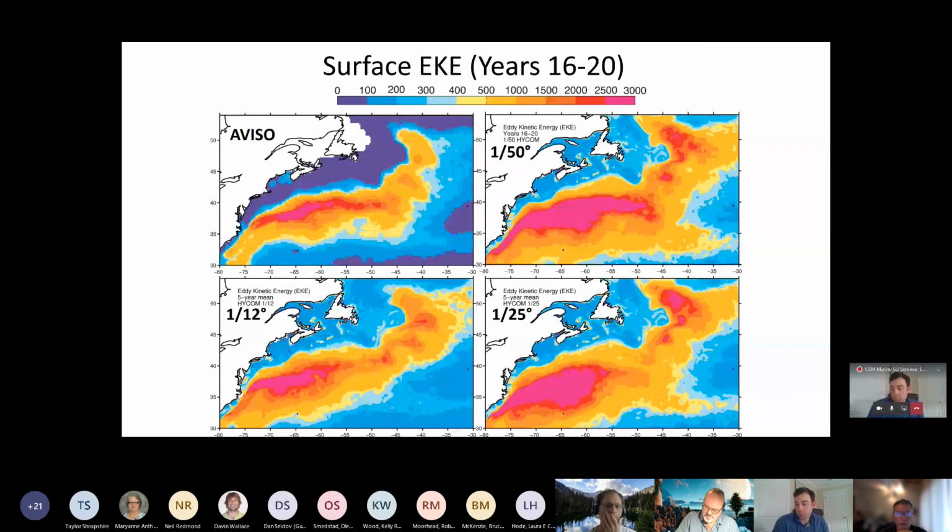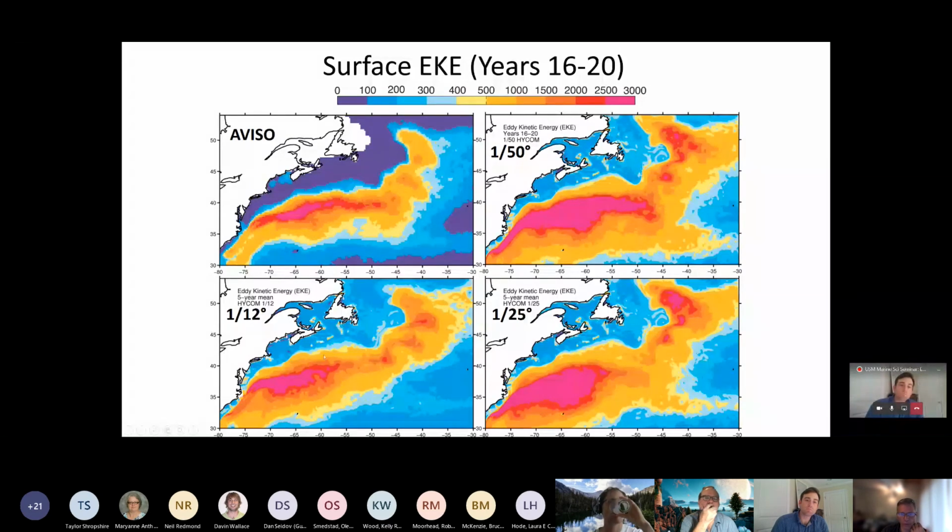So going back to the surface EKE, on the left is based on Aviso, so we switch from surface height variability to surface EKE. This is the total, including ageostrophic motion. This is only based on geostrophic velocity derived from the sea surface height.